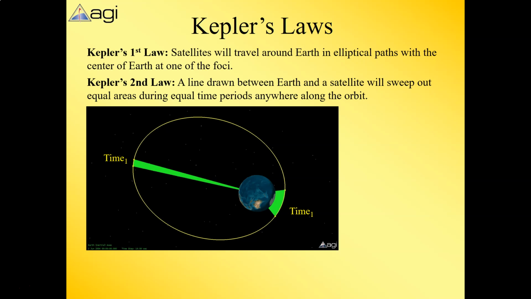When viewing highly elliptical orbits, you might notice that the satellites travel fastest at perigee and slowest at apogee. So in other words, as we get to that point that's furthest away, they are going the slowest they will in their orbit.